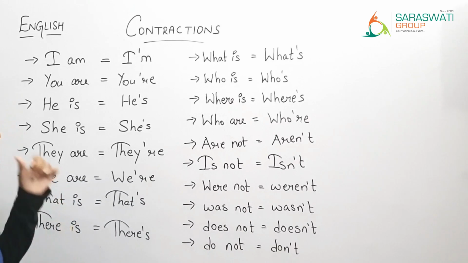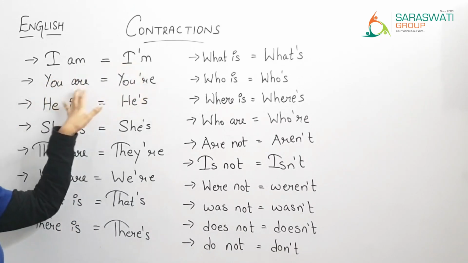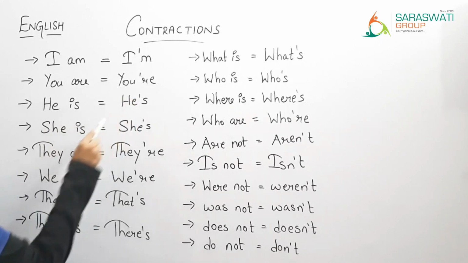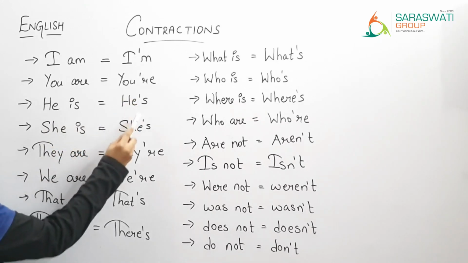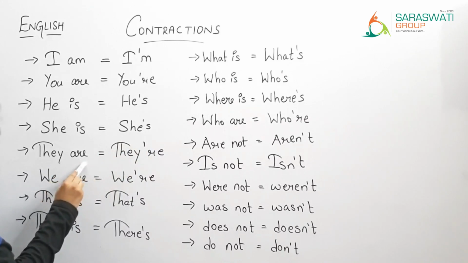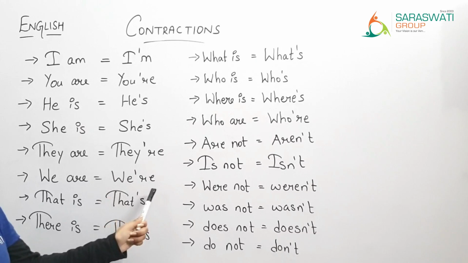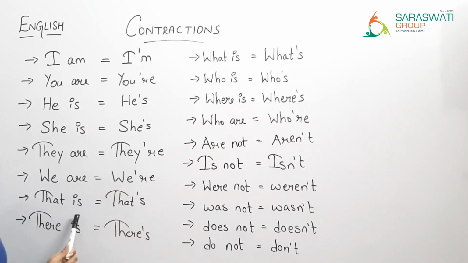So I am, you apostrophe re, he is, he apostrophe s, she is, she apostrophe s, they are, they apostrophe re, we are, we apostrophe re, that is, that apostrophe s, there is, there apostrophe s.